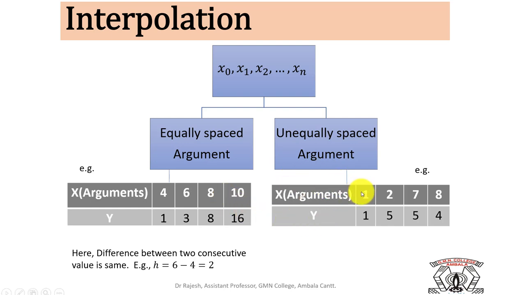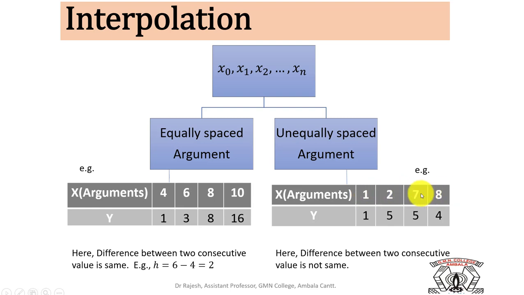Look at it, the value of the function at 1 is 1, at 2 is 5, at 7 is 5, at 8 is 4. Look over here, the difference between two consecutive values is not the same. The difference here is 1, here is 5, and here is 1.